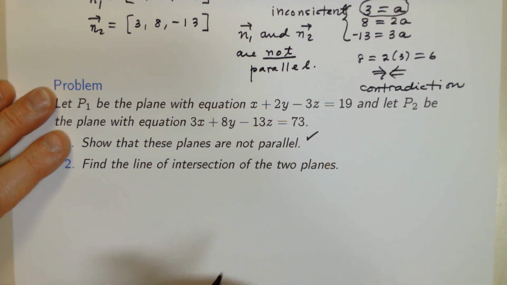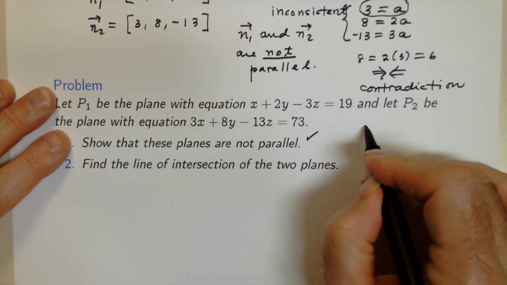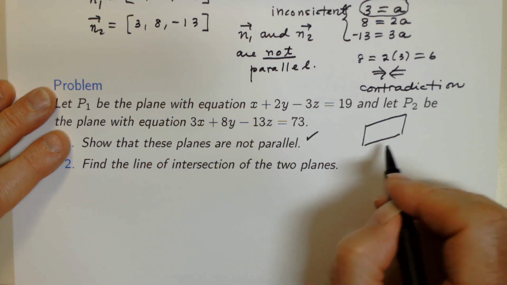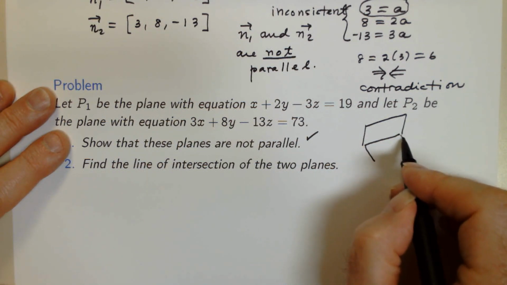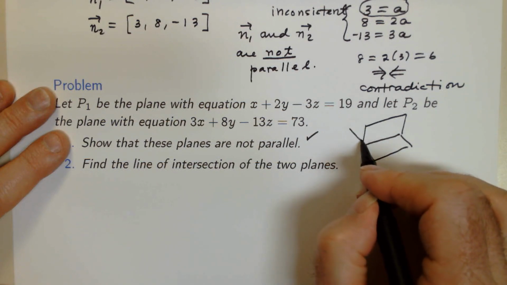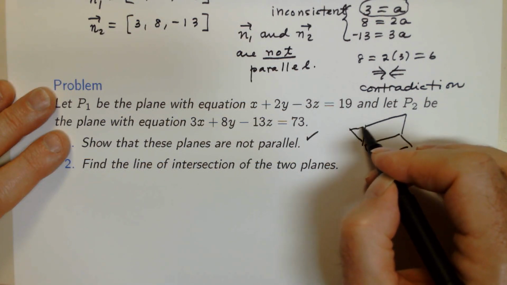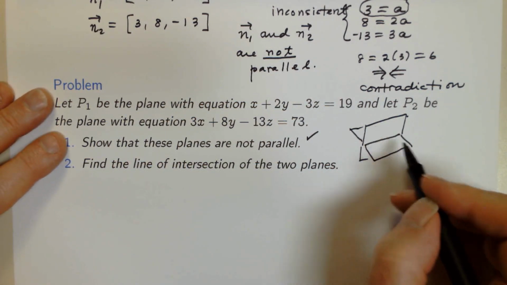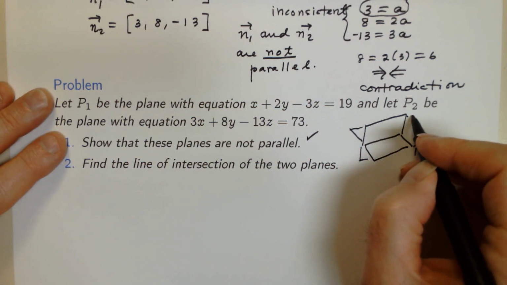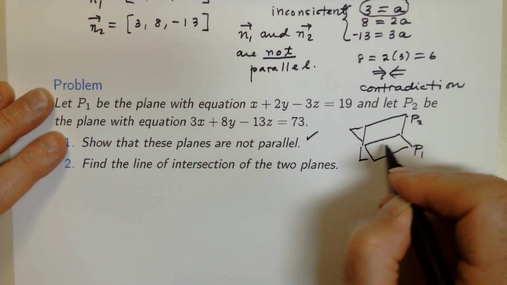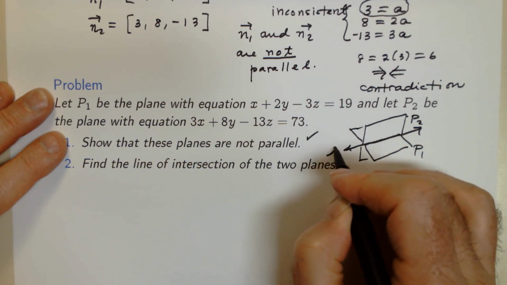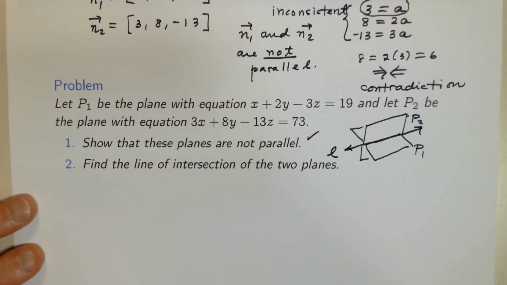It's hard to draw these pictures, but you have to imagine these planes extending in space, one plane and another plane intersecting in a line. And that's what we're trying to find: the equation of that line L.